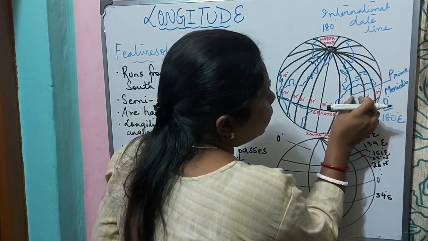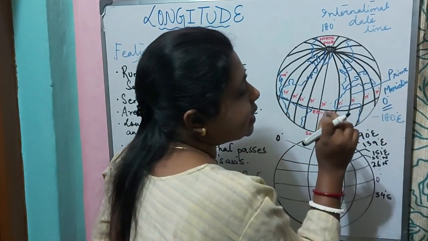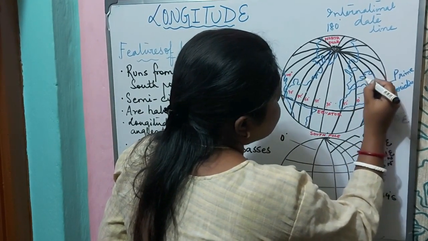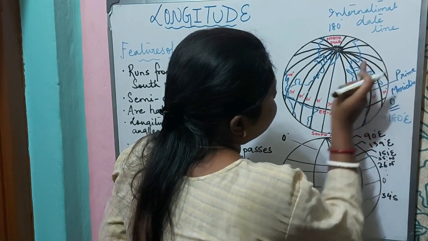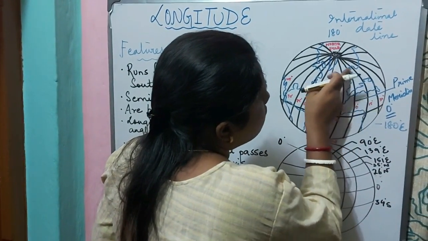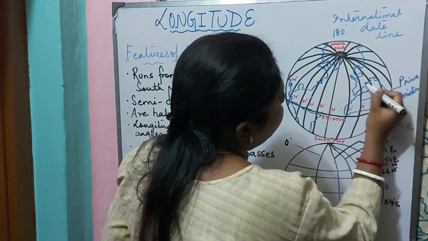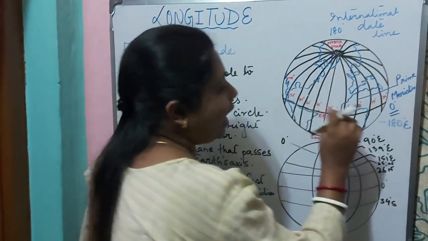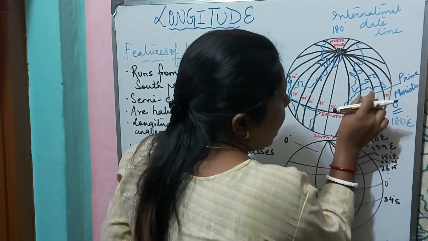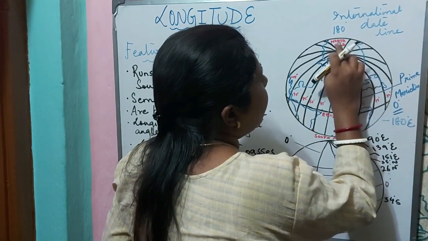It is 111 kilometers, that is 69 miles. But just see that as it is moving towards the pole, the distance goes on decreasing. Then we can say that it is farthest at the equator and they meet at the poles.